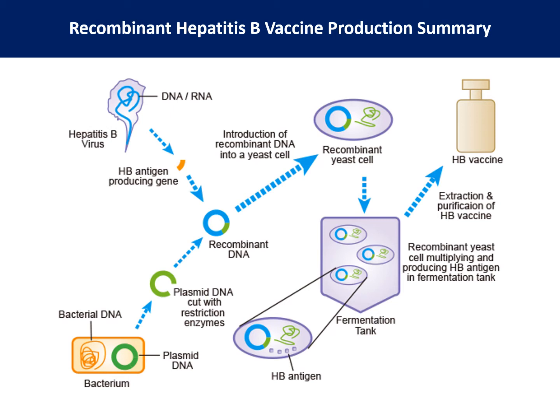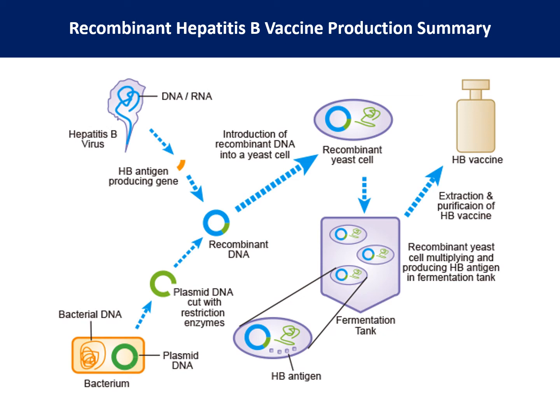As we can see here, first, the Hep B antigen producing gene is isolated from the hepatitis B virus by a normal isolation process, like a mixture of cell lysis, protein denaturation, and also centrifugation.